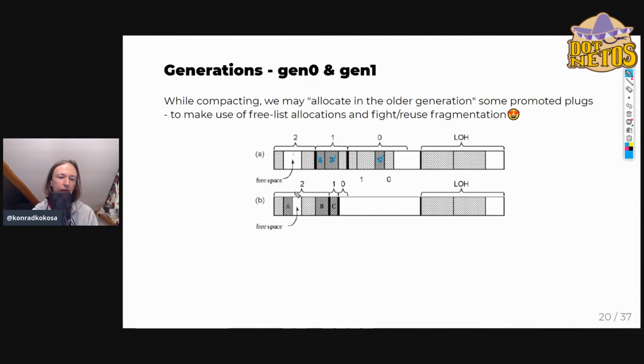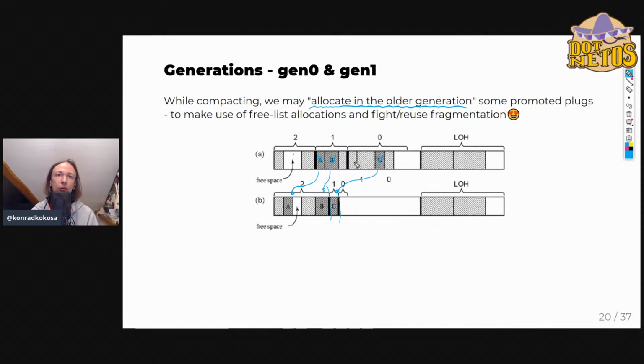So part of this free space will be used for object A, and it will be moved there, and then we are moving object by object, simply one after another, and then obviously calculating the boundaries of generations. But this is the scenario when we use the allocate in the older generation routine, and I was saying about that when I was describing allocators, because exactly for that purpose we need allocators in Gen 1 and 2.